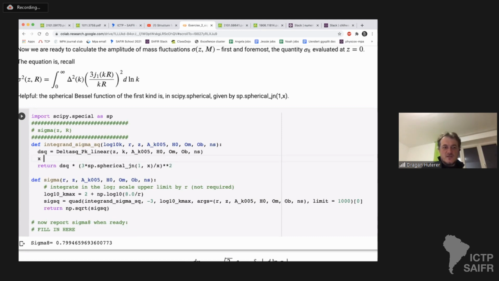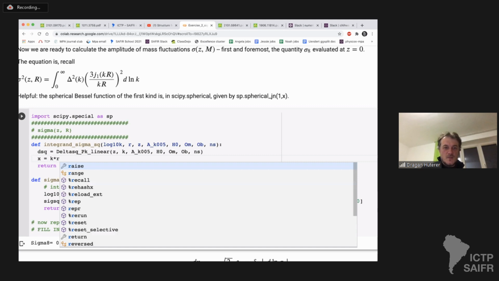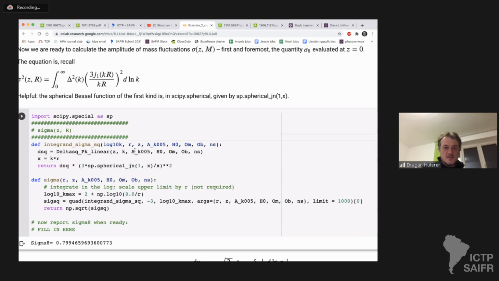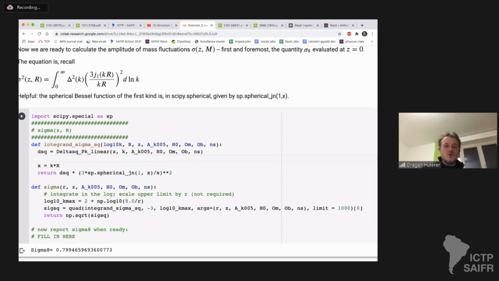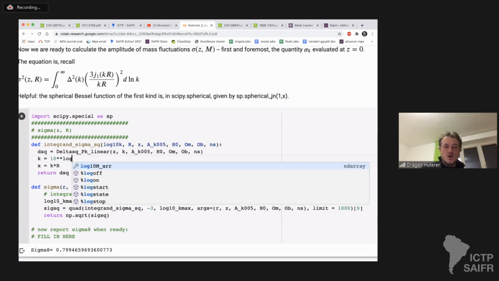And the key thing is that x is equal to k times r. This really should have been called capital R. I don't know why I called it small r. Doesn't matter. And then what is k? You're given log k. So k is just 10 to the power of log10 k.